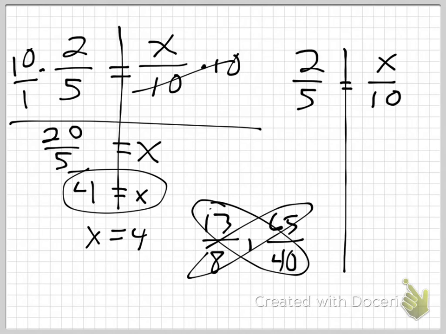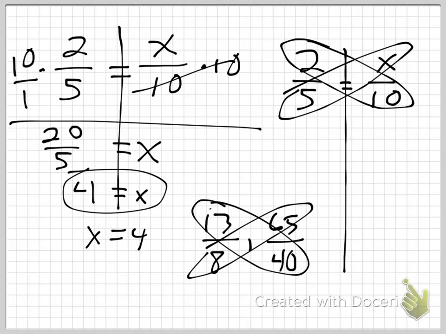So listen. We know that these are equal. We know that. Agreed? So then what will be true? When I cross multiply, the numbers will be the same. What is 5 times x? 5x.